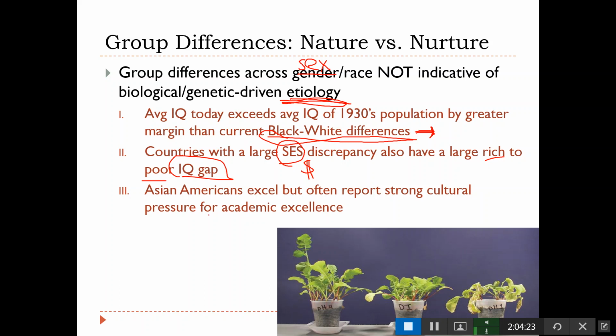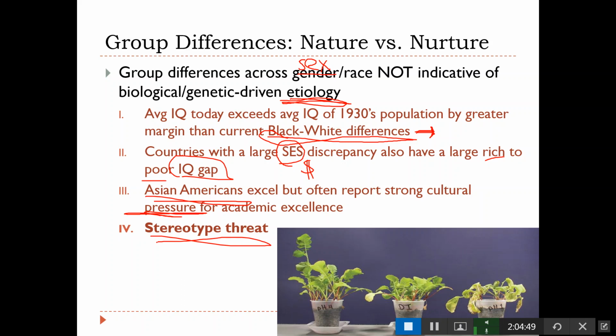And also there can be some cultural differences. Asian Americans tend to excel in IQ scores, but it's usually because their culture tends to put a lot of pressure on academic excellence, right? So that's another thing that can affect IQ. If you grow up in this environment where academic performance is highly prized and that's what you excel towards, then you're going to start to see differences, right?